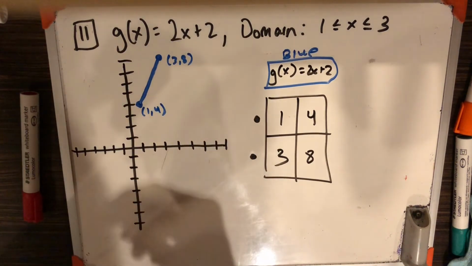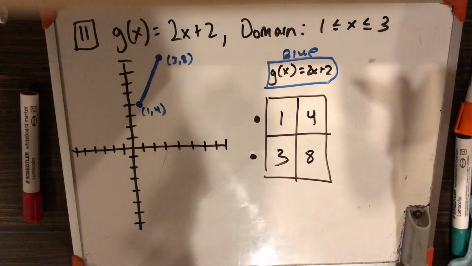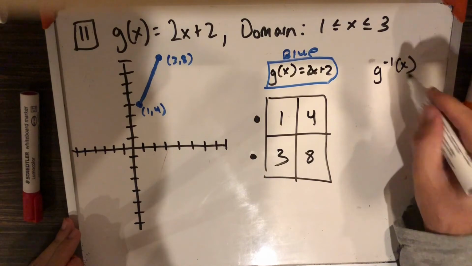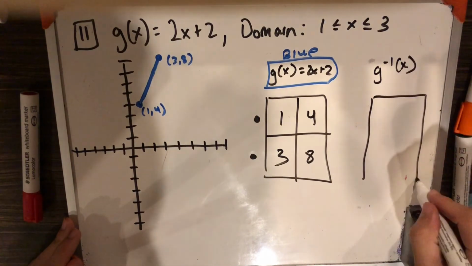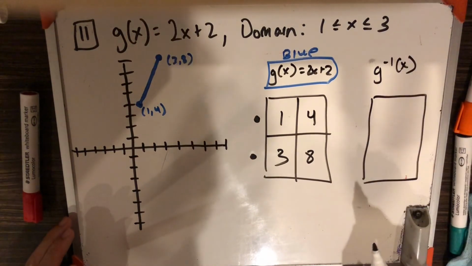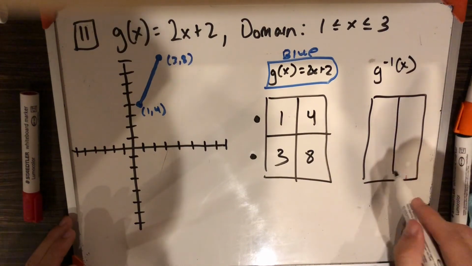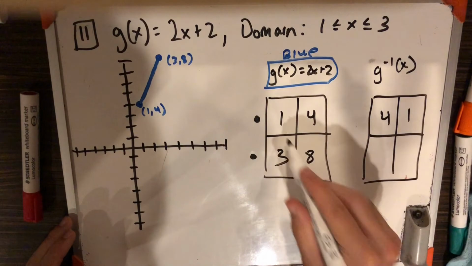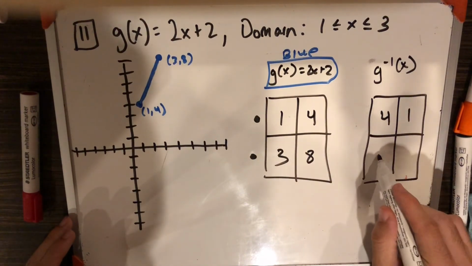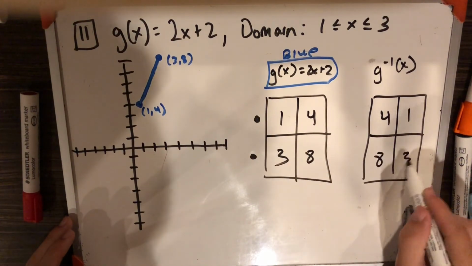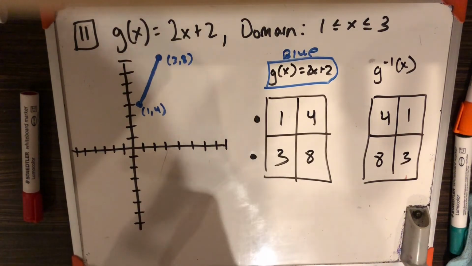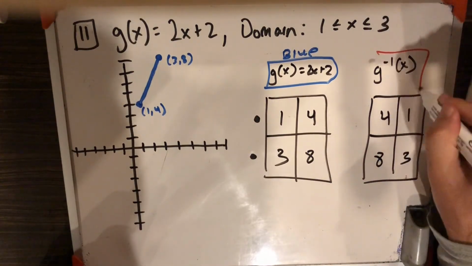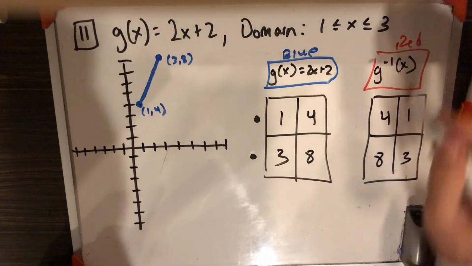Okay, so for the inverse of g, right? Let's think about this for a second. What does inverse mean? Well, I'm switching x and y's. Well, I have my coordinates already. I can switch 1 and 4 to be 4 and 1, and I can switch 3, 8 to be 8, 3, right? So let's go ahead and put this in red so we can see the difference between the two.